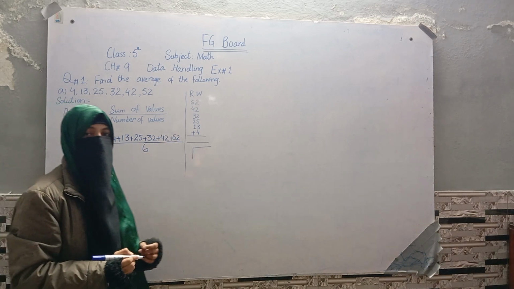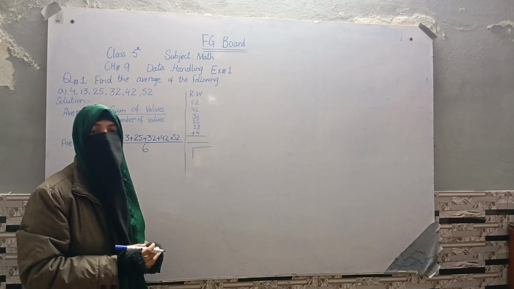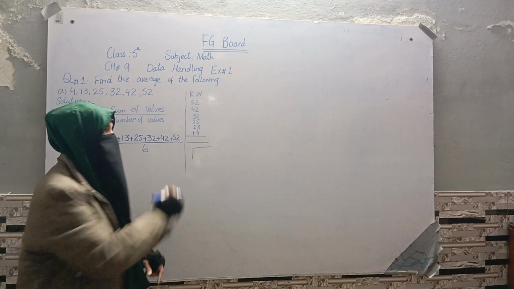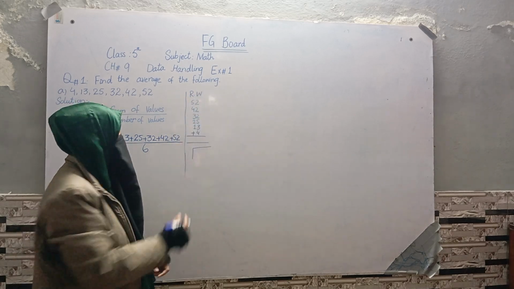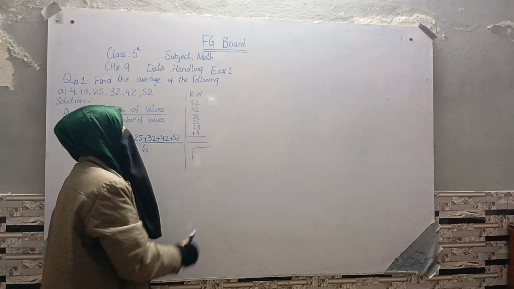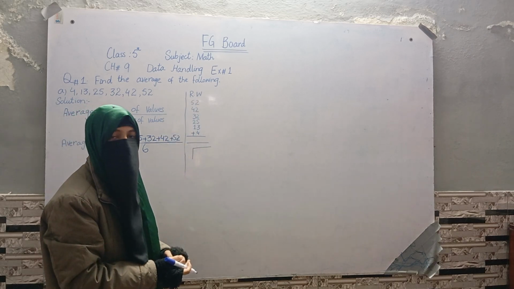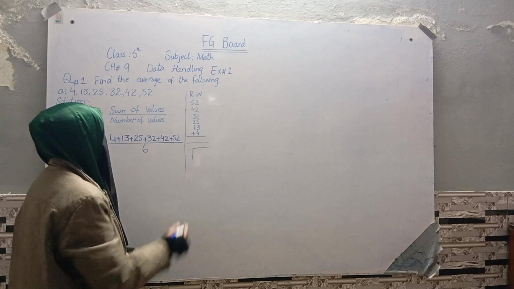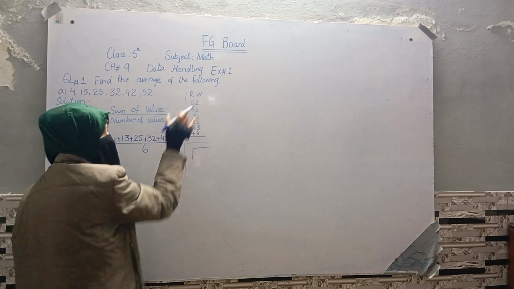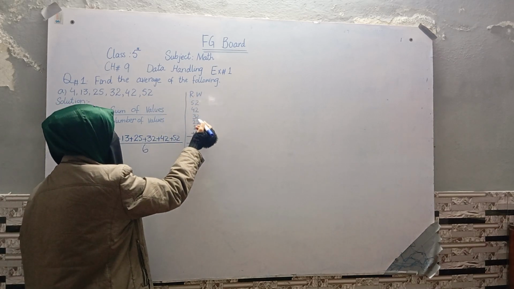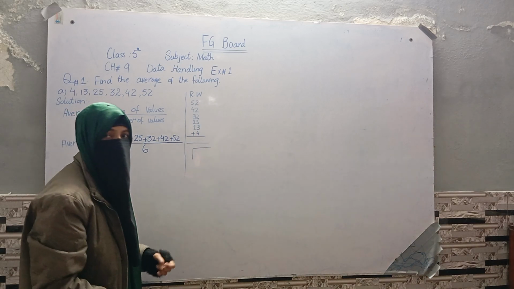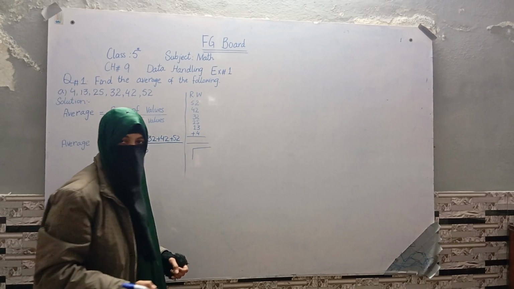At this level, you are in class 5, you are not allowed to use the calculator. So here, on this side, put a straight line and write RW, rough work. First of all, you put the greater value 52, 42, 32, plus 25, 13, and the last number is 4, and here I put the plus sign.